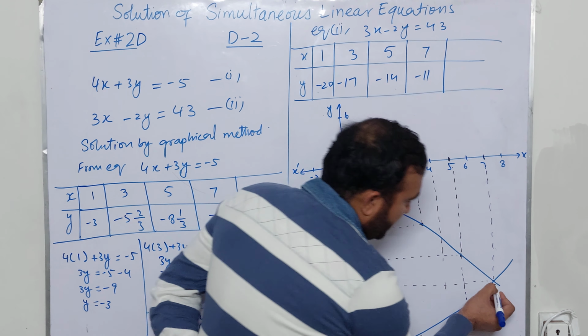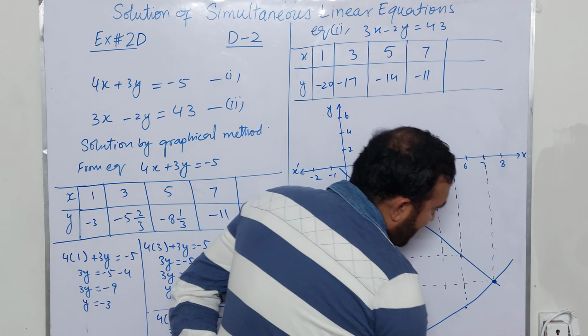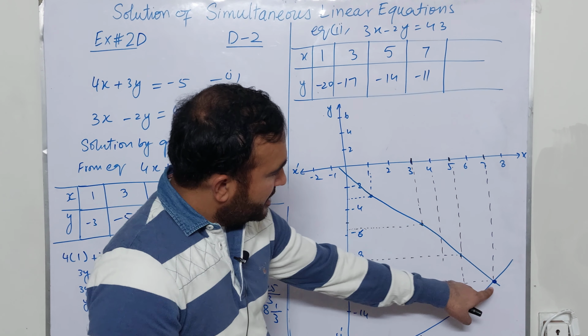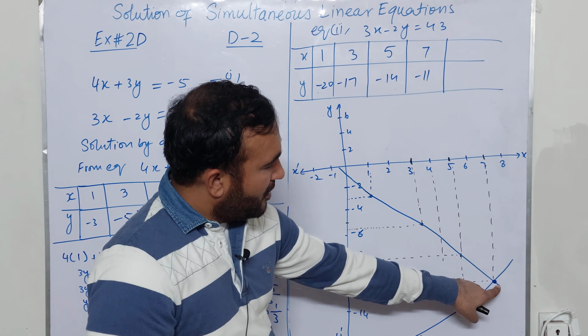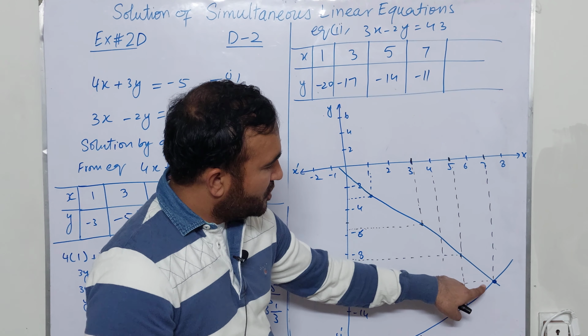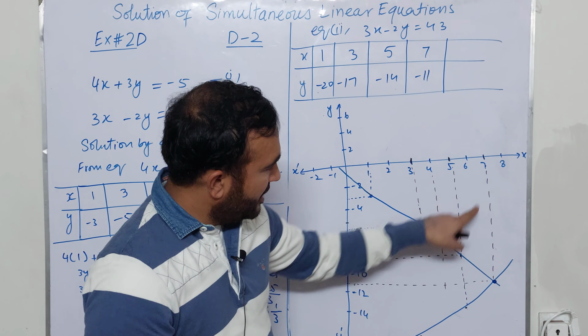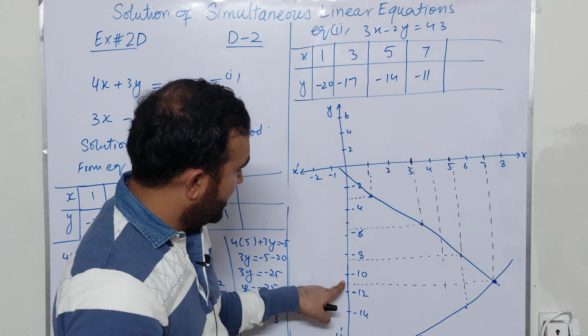So the meeting point of these two lines is the solution, and this point of intersection of these two lines is x is 7 and y is minus 11.